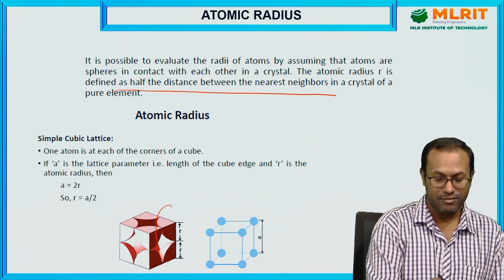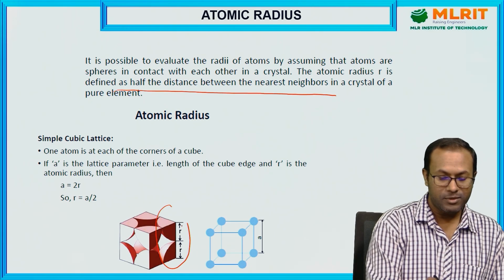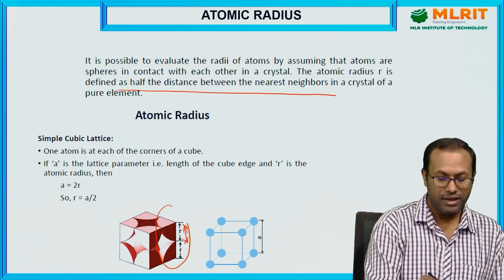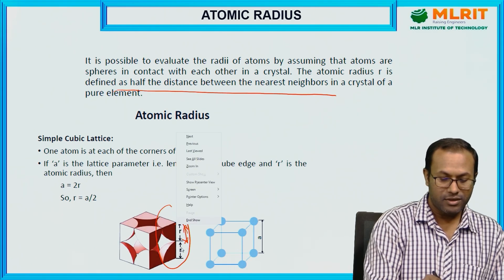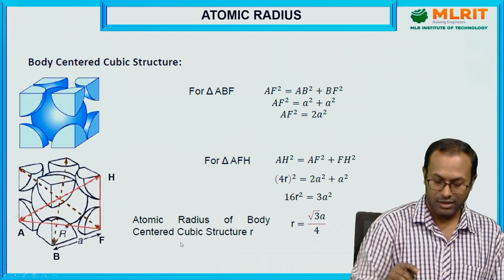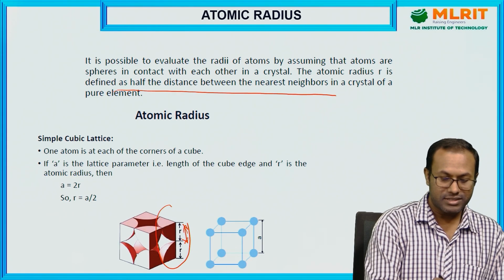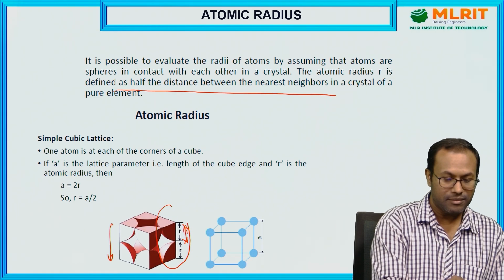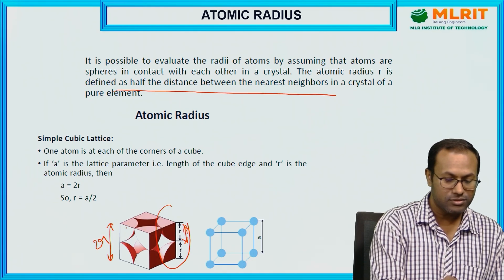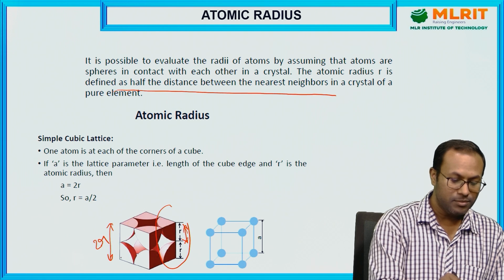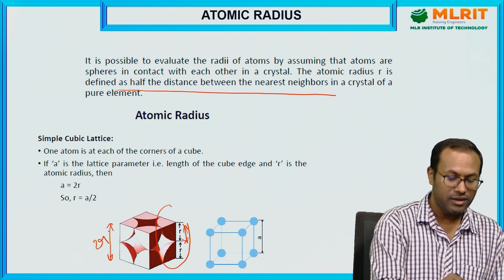Each sphere has radius r. So the distance from the center of one sphere to the center of another is 2r, because one sphere's radius is r and the other's is also r.